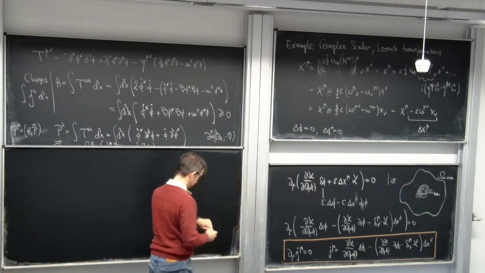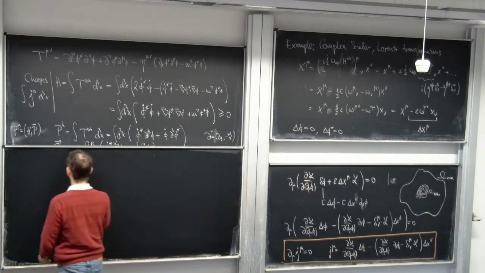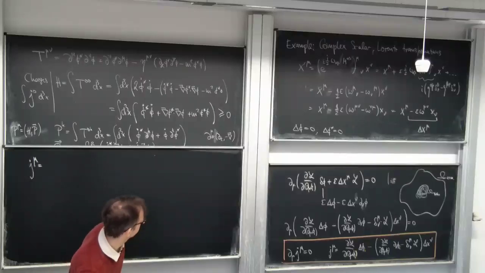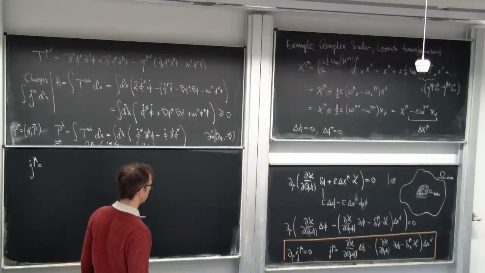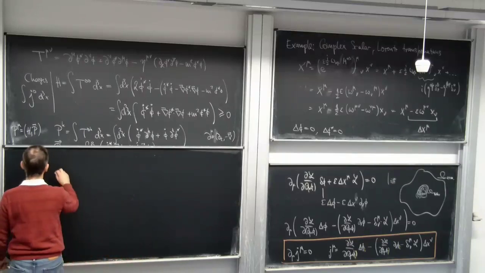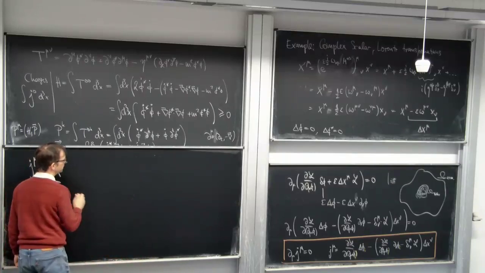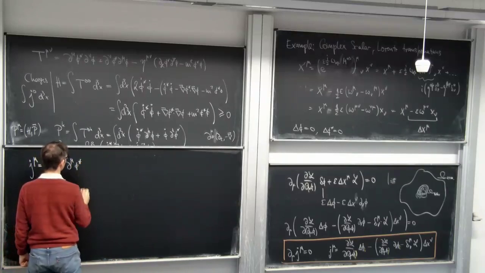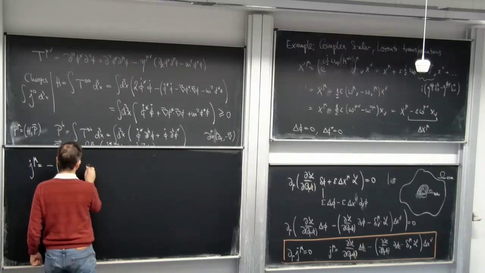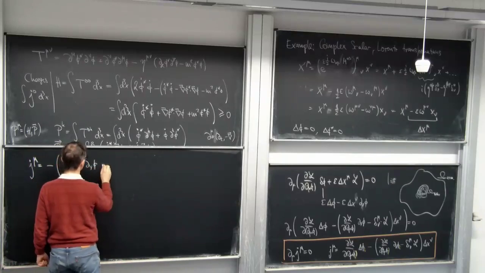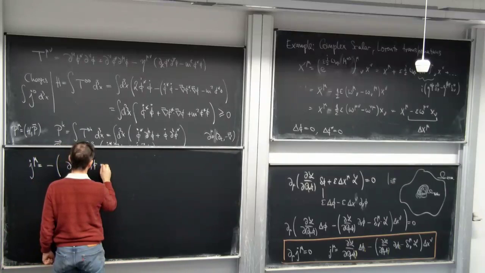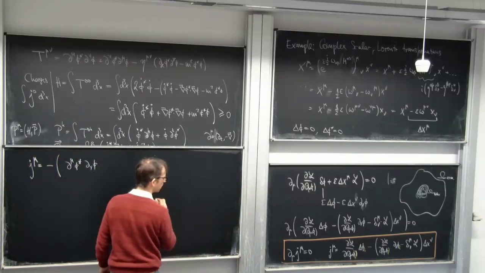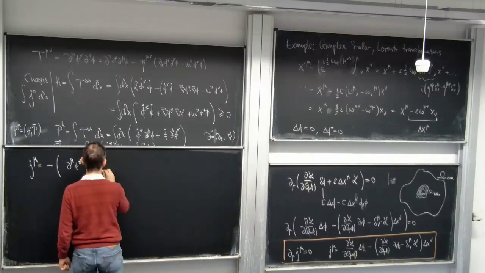what else can we get? J mu is equal to minus the dL, is what we had. It's the d mu phi star, and the derivative of its field, then plus, really the same.